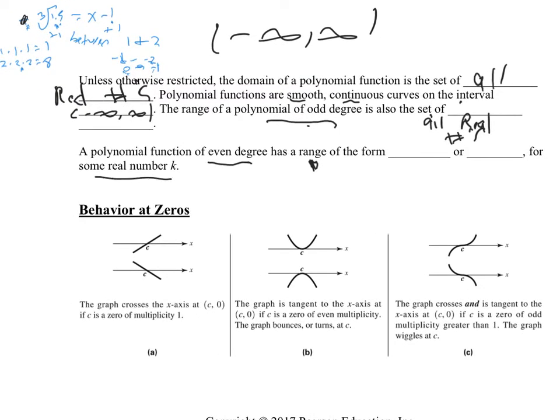For any real number k, it goes from k to infinity, or it can go from k to negative infinity, because it could be the highest or the lowest place. Remember, it can go that way, or it can go that way. So k could be the lowest place here, and it can go forever up.